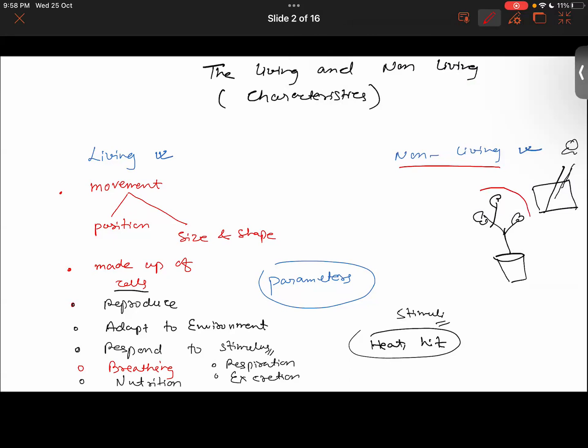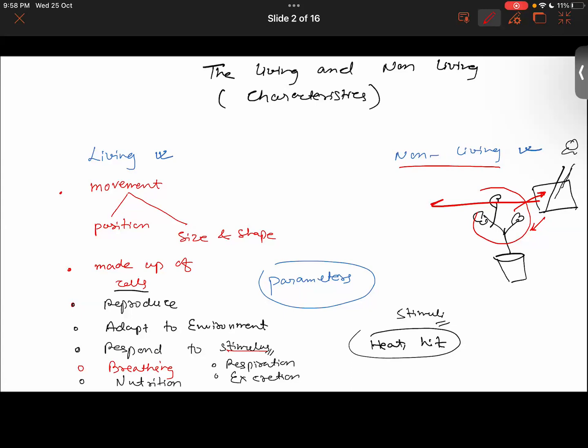The leaves and branches of the plant will bend towards this window in order to receive the sunlight. हमने बस नियर बाय में रखा है, ऐसे नहीं कि हमने 10 मीटर या 20 मीटर दूर रख दिया है. You have just placed it nearby the window, so the branches of this plant will bend towards the window in order to get the sunlight. So ये भी एक stimulus है ना? Sunlight was a stimulus here.